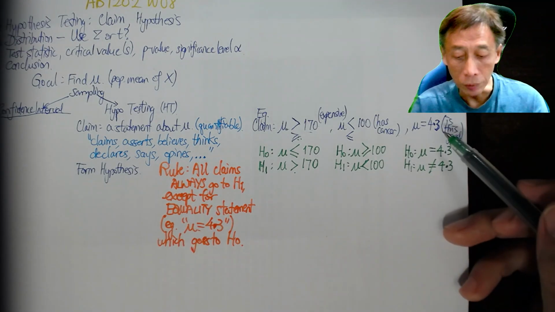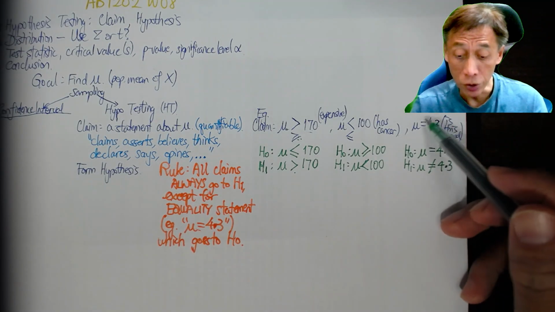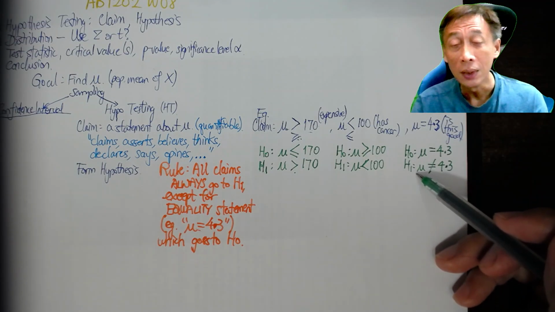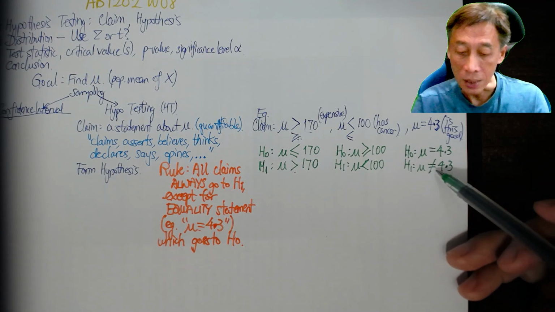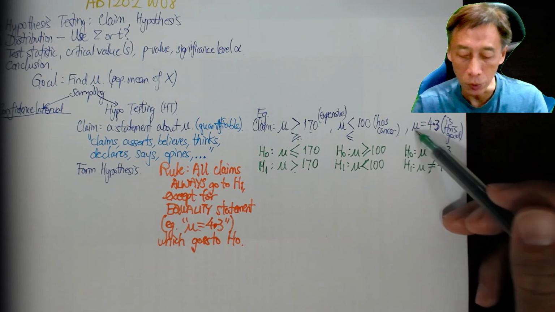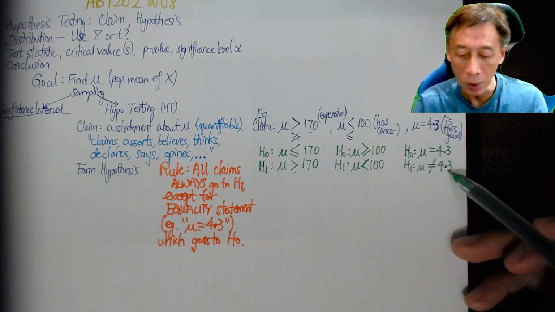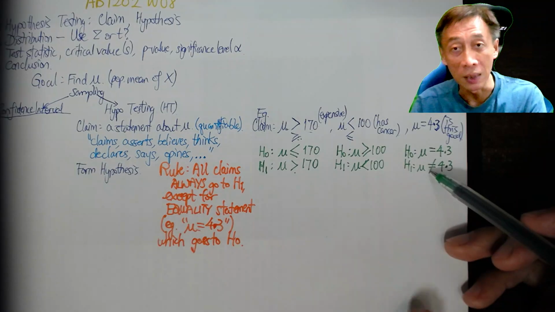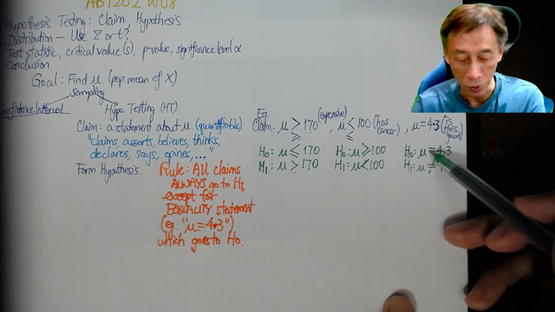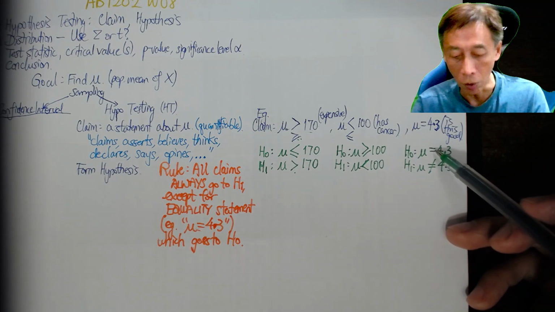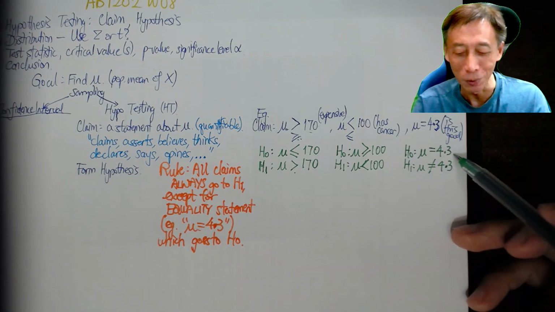You can also reason it as the original statement also goes into H1. But because there's a statistical rule that moves the equal sign to H0, we first put mu equals 4.3 in H1 as per the rule, and then we apply the statistical rule and move it to H0. If you like to understand it that way, that's okay. But of course, finally, you still write mu equals 4.3 here.